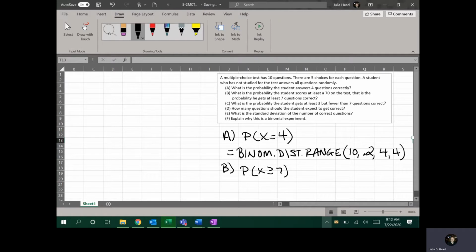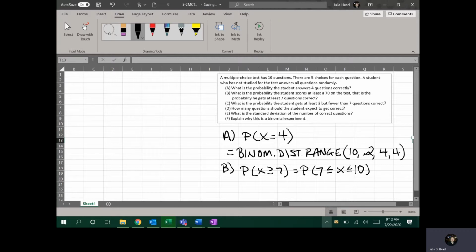Now, this is not one of the special cases, so I would argue that you want to make it look like this. So if X is greater than or equal to 7, the smallest X can be is 7. Now, it doesn't give me a number at the top, but the most number of questions that I can answer correctly in this example is 10.